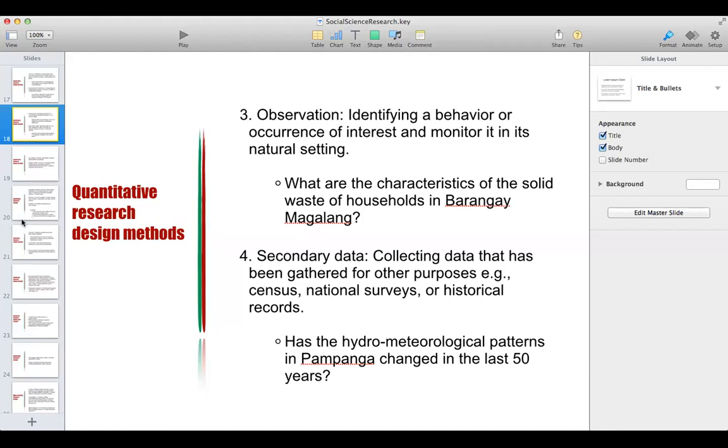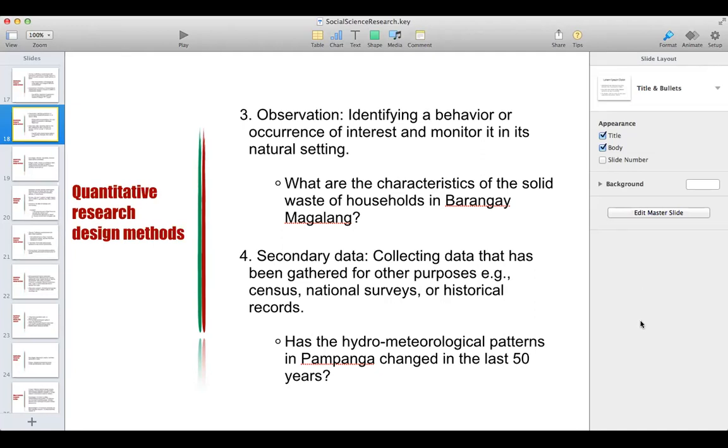Gumagamit ka pa rin ng survey to do your risk assessment. But of course, it must be complemented with other methods like your spatial method, your GIS. That's a powerful tool when we're talking about landscape. Okay, so again, the lesson here: integrate methods, use mixed methodologies. Okay, so I hope I answer your question, Sir Roy.